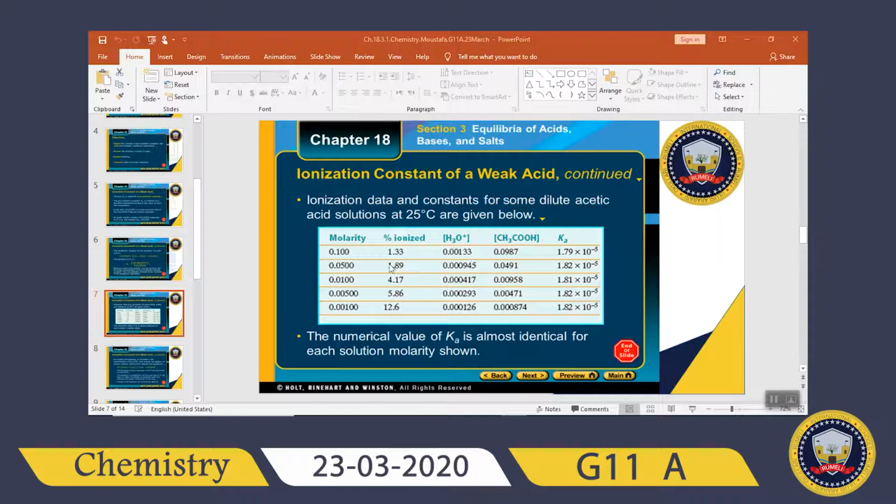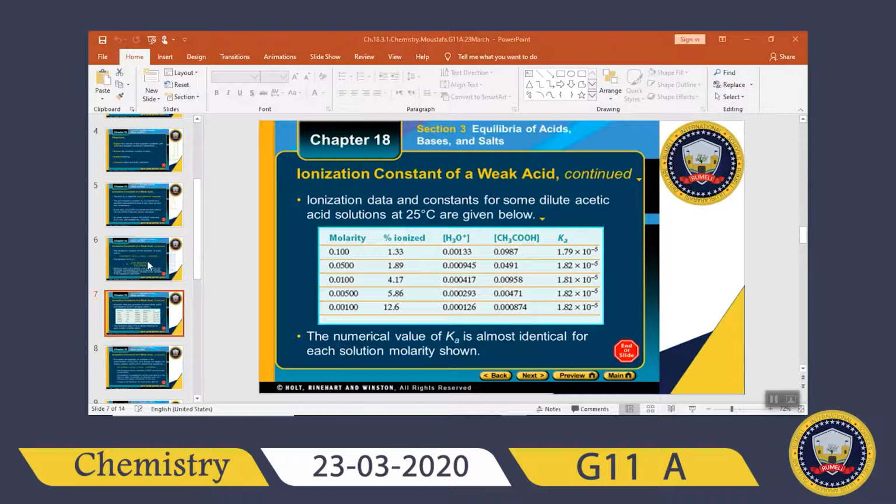So in this table you have decreased concentration down the table, increased ionization down the table, a decreased number of hydronium ions down the table, and also a decreased number of acetic acid molecules down the table.